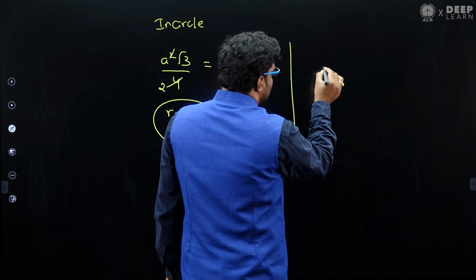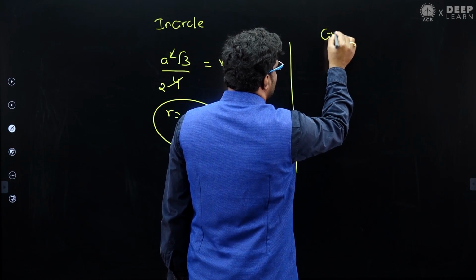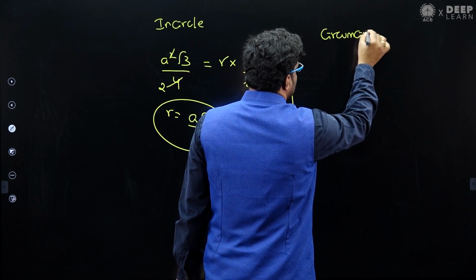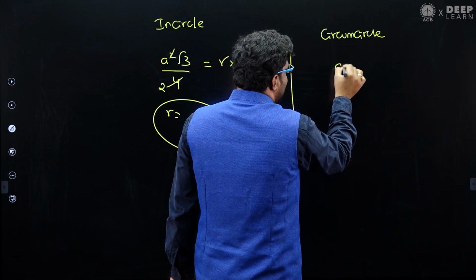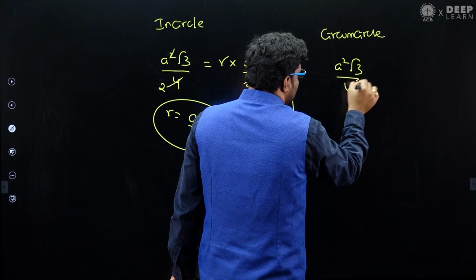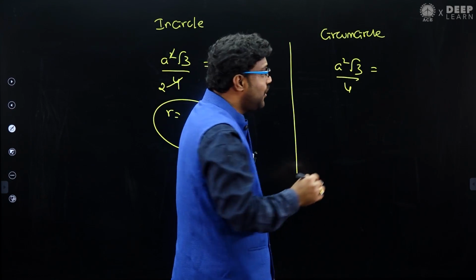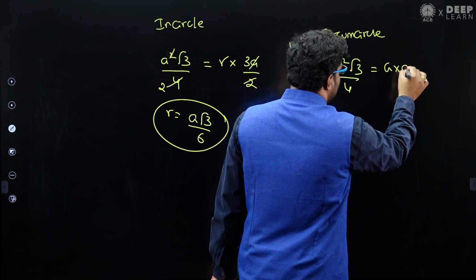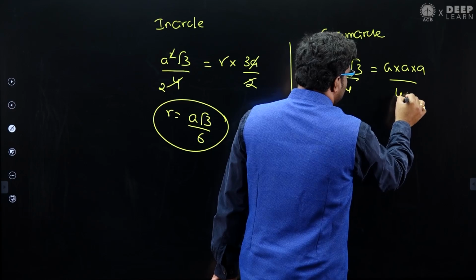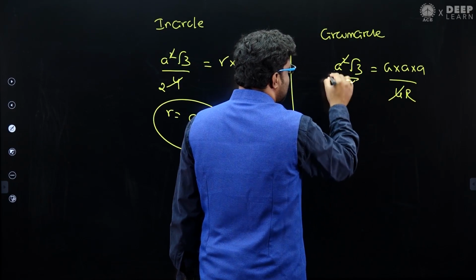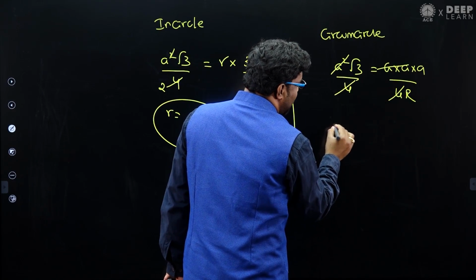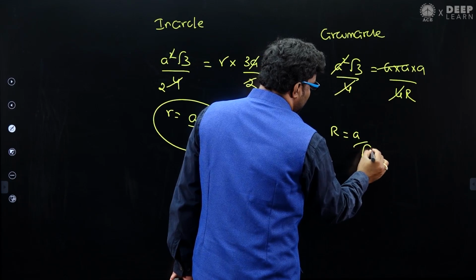Whereas using the circumcircle concept, the area of the triangle is the product of sides divided by 4R. Now here the 4 cancels, the A square cancels. So capital R is nothing but A divided by root 3.